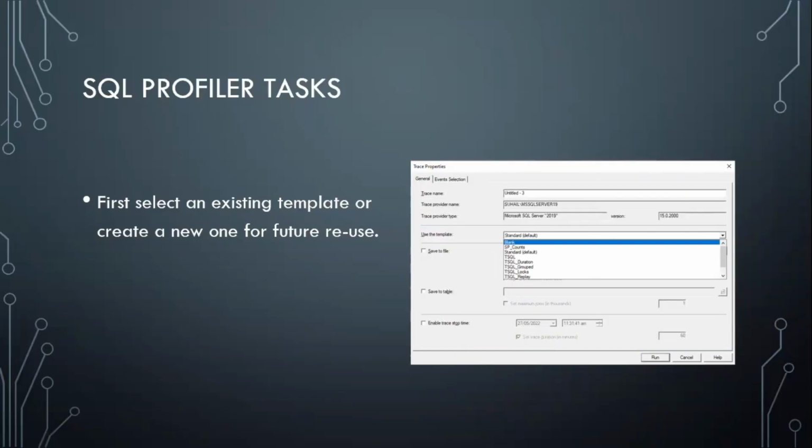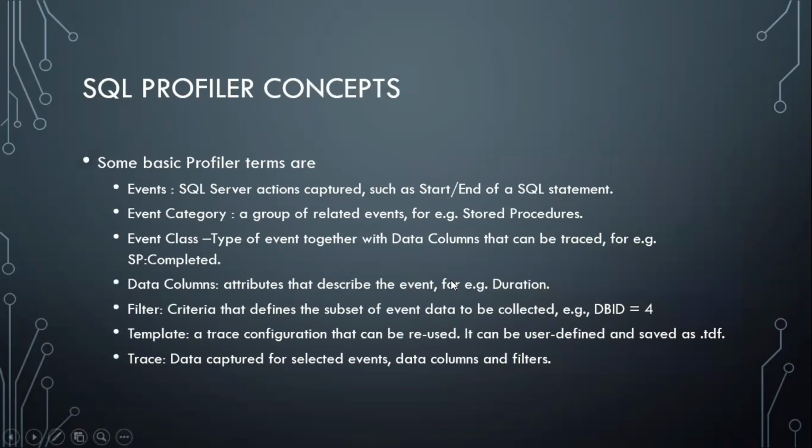Let us go back to the presentation. So yes, there were three basic terms regarding events. One was the event itself, one was event category, and one was event class.